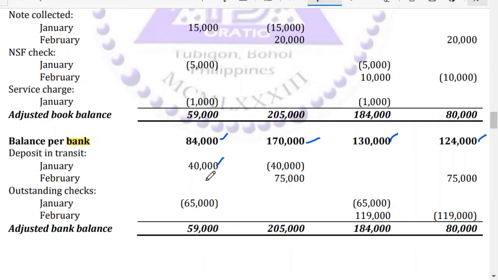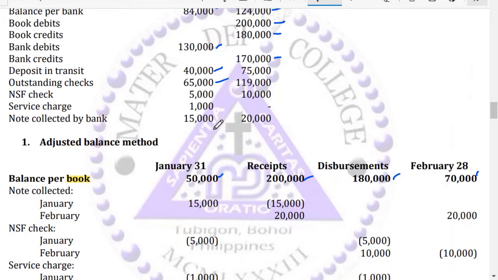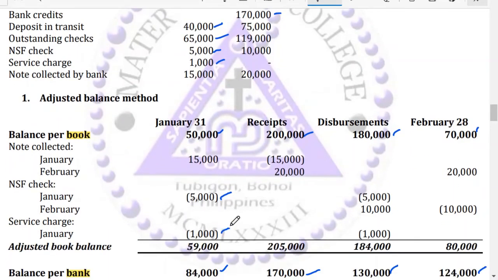It's a deduction, right? Outstanding checks are a deduction. NSF check, where does this belong? It's on the book side, right? So in the January column, put a parenthesis because it's a deduction. Then service charge, you also put it in January. Wherever the column it belongs to, that's where you put it. And then last, you have note collected. That is a credit memo, so you add.